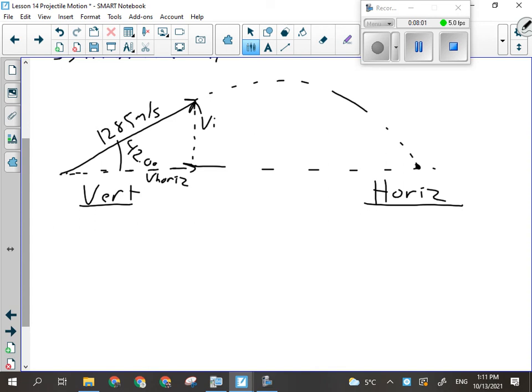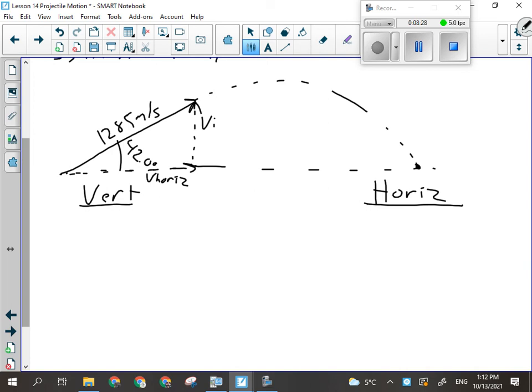That's all I use that number for. I never use it again. And that's a very common mistake that I see, people trying to use this 1,285 for things beyond this very first part. After that, it's useless to me, because it is not horizontal and it is not vertical. It is the actual projected velocity of the shell.